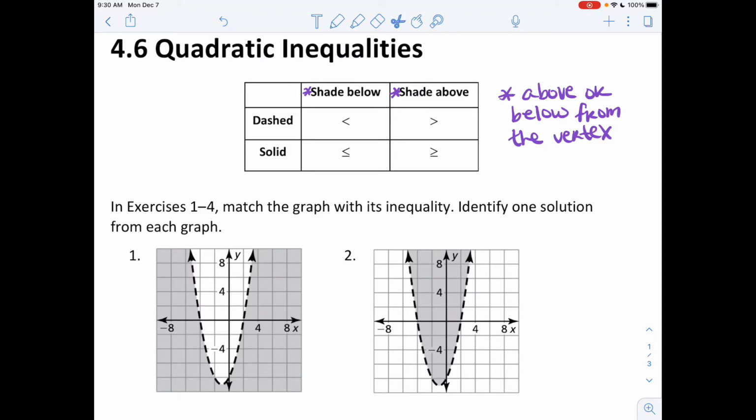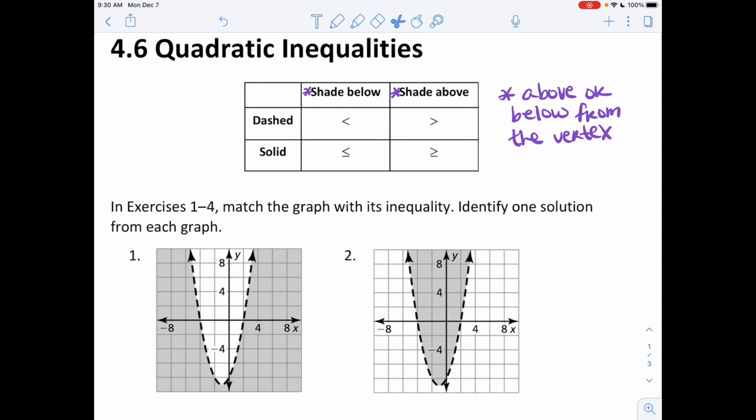If we have a dashed line when we graph our inequality, that means that we have used either a less than or a greater than symbol. And if we have a solid line, that means that it came from a less than or equal to, greater than or equal to symbol.